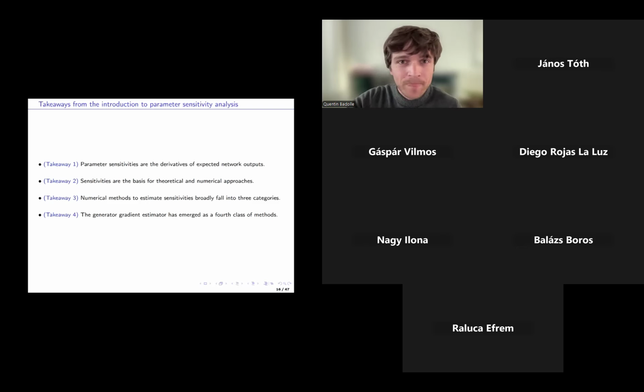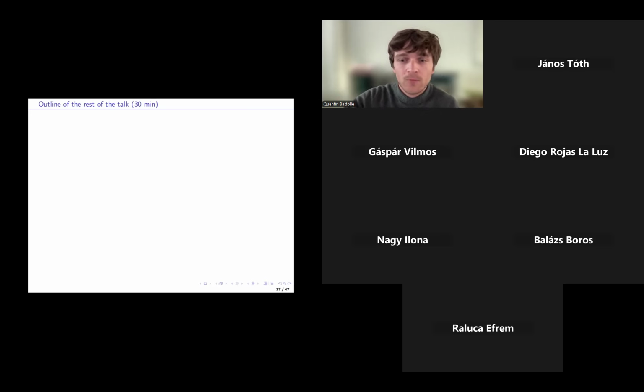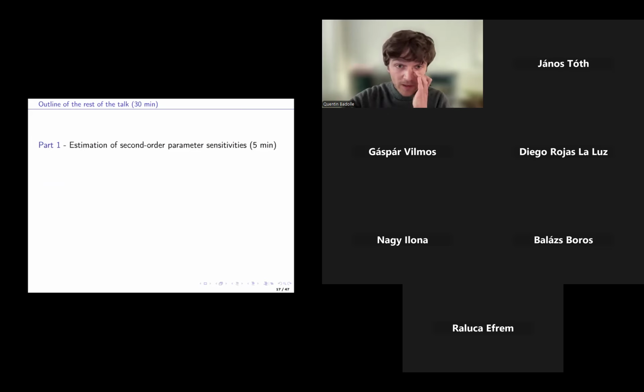So we've completed this introduction, the first phase of the talk. And now we'll jump to the second phase, which is closer to the title and to the manuscripts which I will be presenting. To give you the outline, first I will more specifically explain the sensitivity methods for second-order parameter sensitivities.